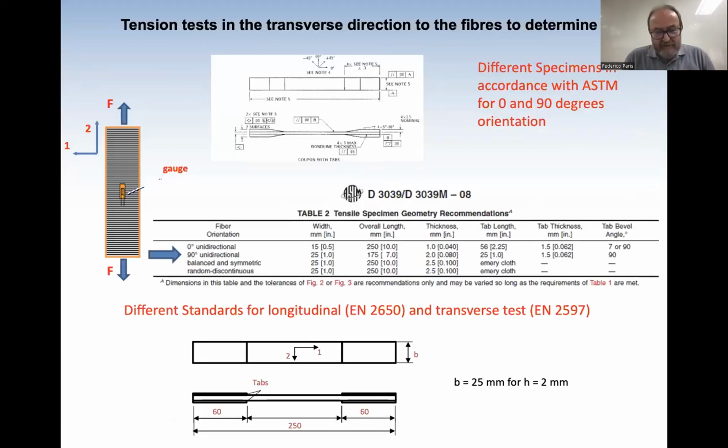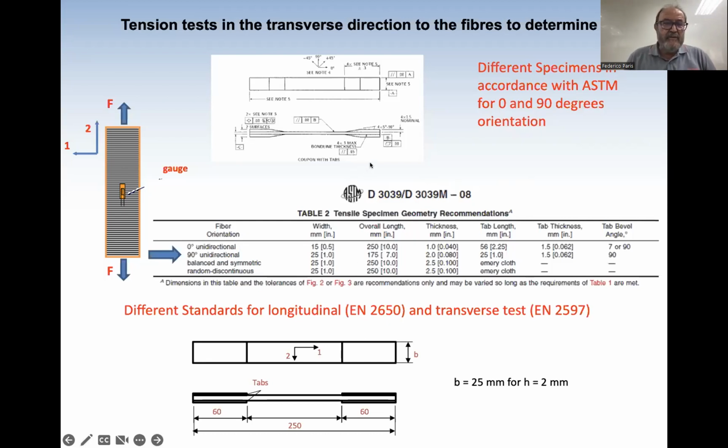Since some people may not be familiar with the transverse-to-the-fiber test to determine YT, here in this slide you have the scheme of how to proceed. There are different standards; some are ASTM and some are European.